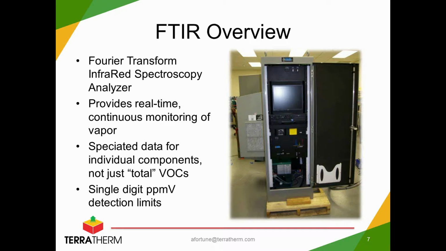Things that we would normally require many different techniques and many different instruments are all combined into this one instrument here. So you can see this cabinet is about 6 feet tall and is on a standalone skid by itself. I'll have some more photographs and schematics of it in a minute.